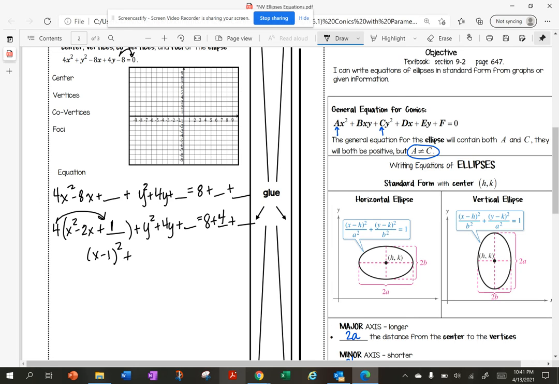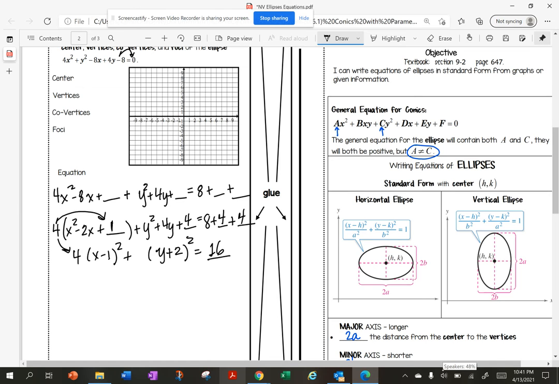And for my y term, half of 4 is 2. So this is going to be y plus 2 quantity squared. So 2 squared is 4. So I'm adding 4 more. And this equals 8 plus 8 is 16. Oops, I forgot to bring my 4 down here.